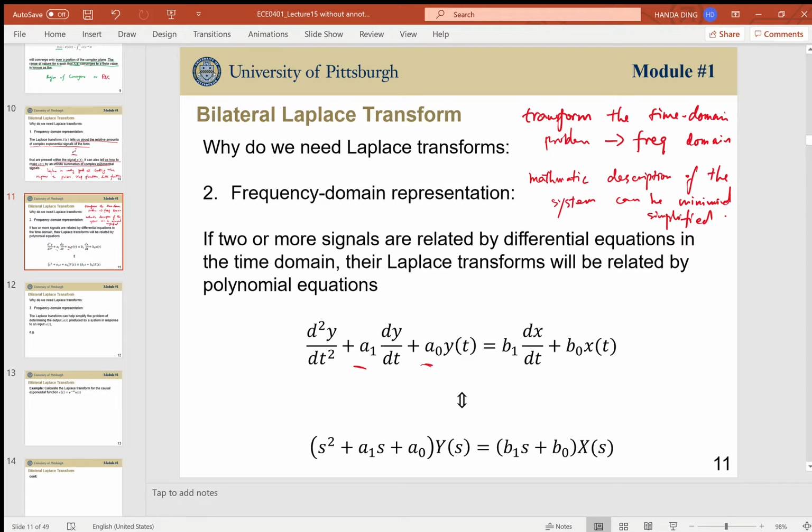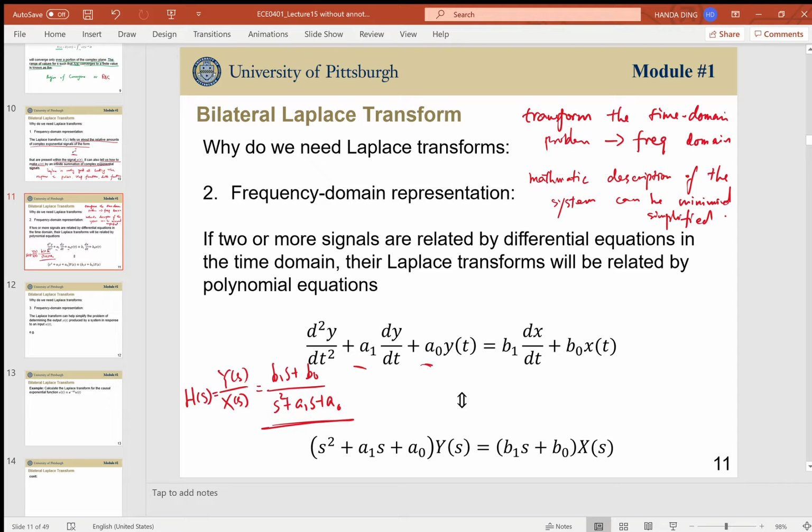And actually, in the next few lectures, I believe for next week, you will do the transfer function for this. This is really nothing more than Y(s) over X(s). And for this one, we can see the system description more directly by finding the poles and zeros. And then we're going to do the inverse Laplace to get back to the time domain.